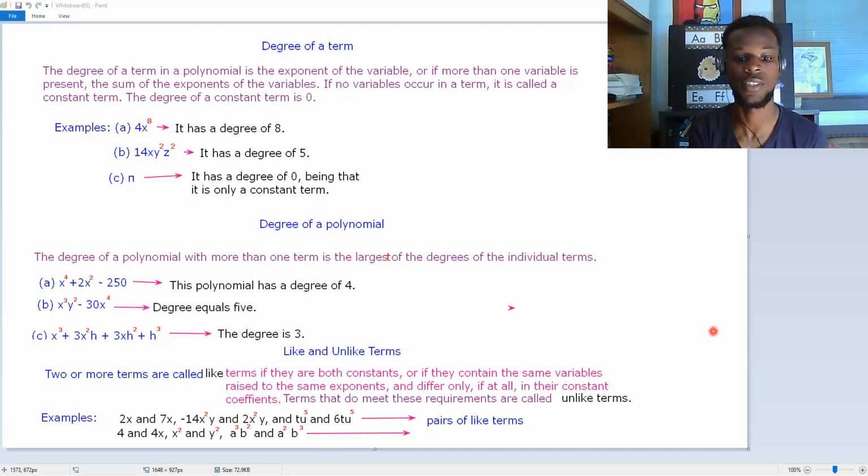Those are called coefficients. Terms that do not meet these requirements are called unlike terms.